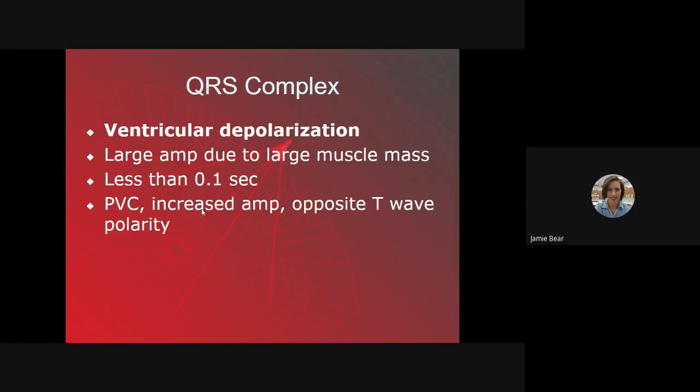It could have an increased amplitude or opposite T wave polarity, and those can all indicate that there's damage to that heart muscle. So the patient is either actively having a myocardial infarction, or maybe they did already, and there's bad tissue in that area, and it won't have the appropriate voltage.